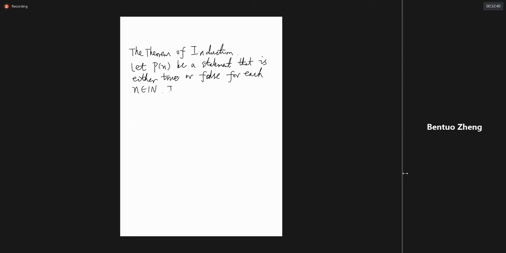So if the following statements are true: if n is equal to 1, then Pn is true.